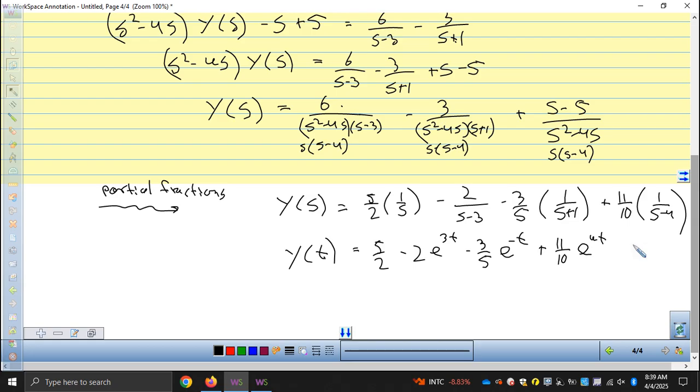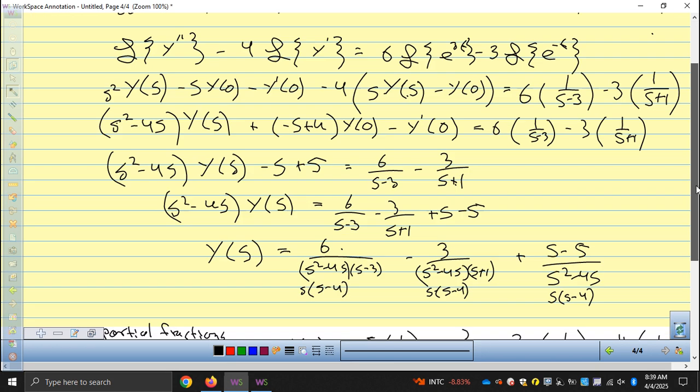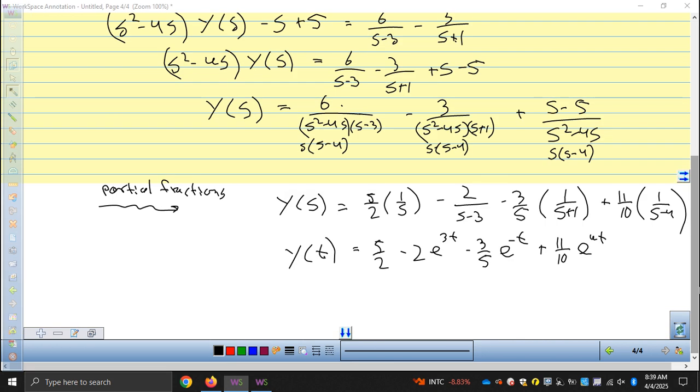Now, there is algebra involved here. If we had to do the partial fractions by hand, there's a lot of algebra involved. However, we don't have to worry about those cases with the undetermined coefficients. We don't have to worry if these are repeats of the solution in the complementary solution. We don't have to worry about the process of doing variation of parameters.